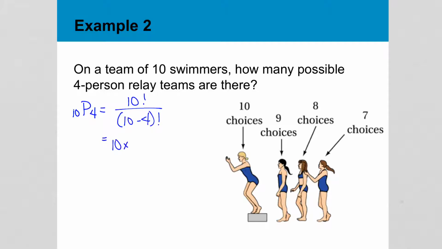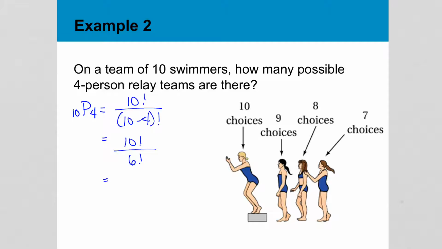That'd be 10 times 9 times 8 times 7 times 6 times 5 times 4 times 3 times 2 times 1 on top. On the bottom, I'm just going to write 6 factorial, since 10 minus 4 factorial is 6 factorial.